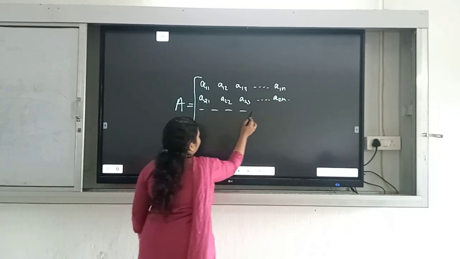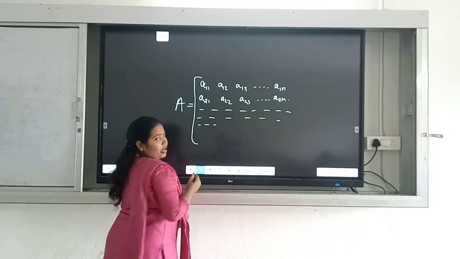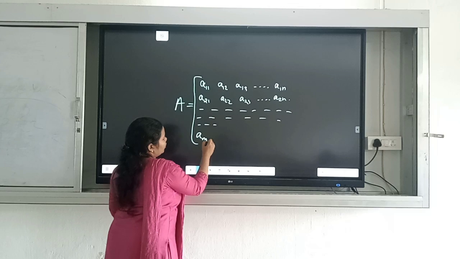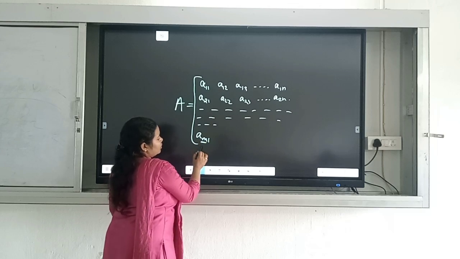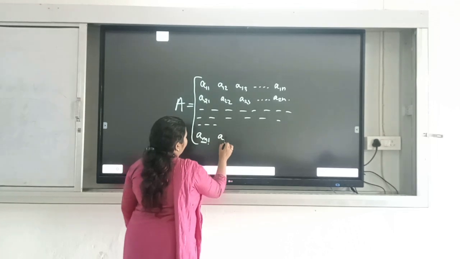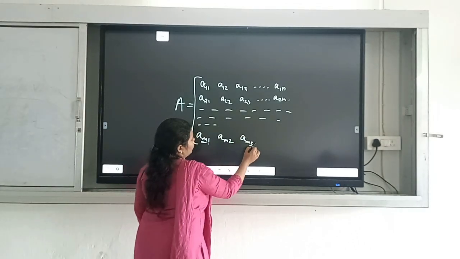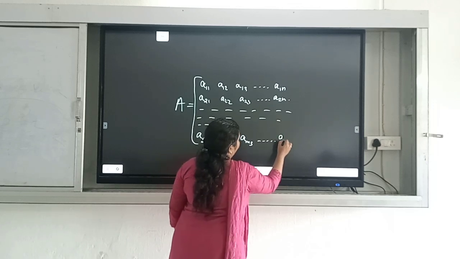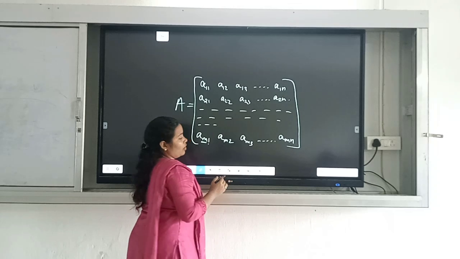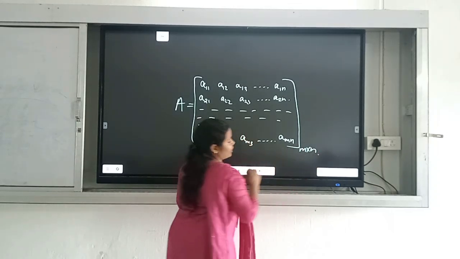Similarly, we can write these numbers up to m number of rows, that is am1. m is the number of rows, 1 is the number of columns. am2, am3, up to amn. Here we can conclude that this is an m times n matrix.